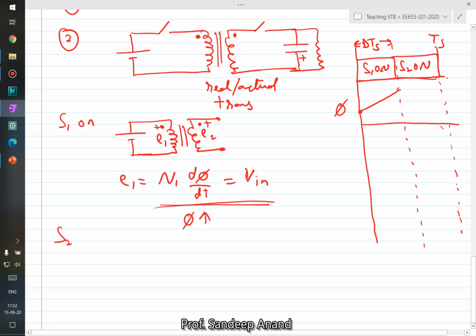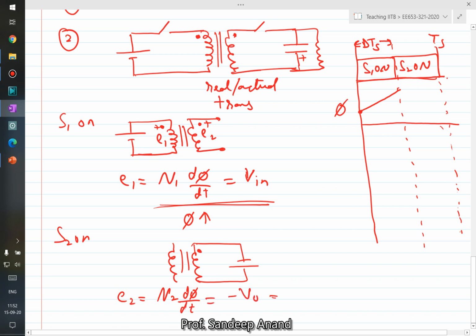And when S2 is on, I can write E2, which is equal to N2 d phi by dt, is equal to minus V O, and therefore flux decreases linearly, and it has to settle at the same point so as to ensure operation at steady state.